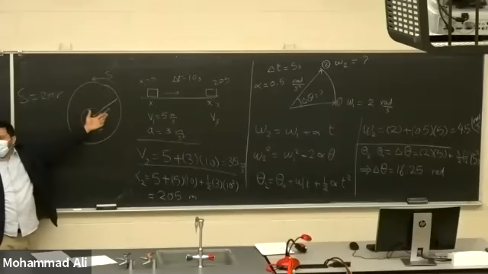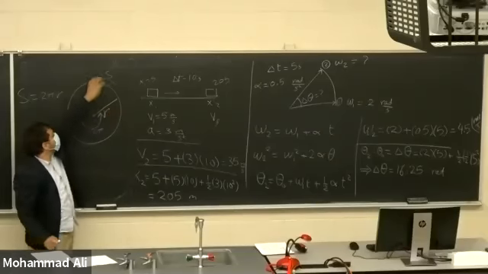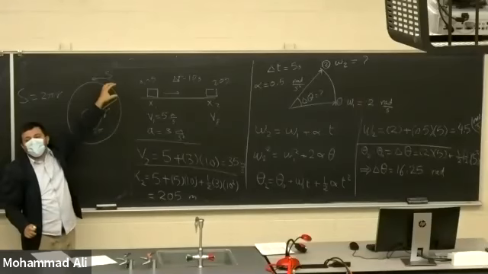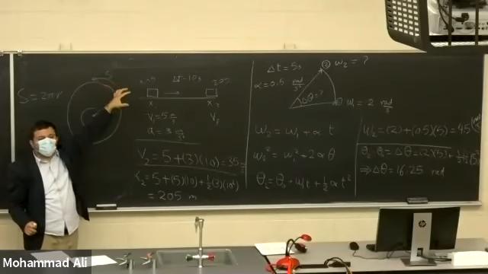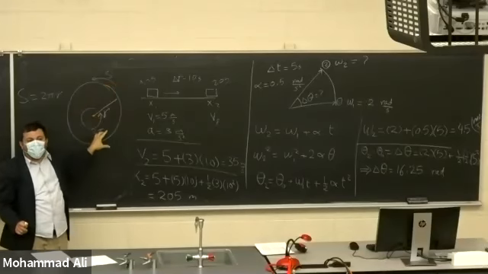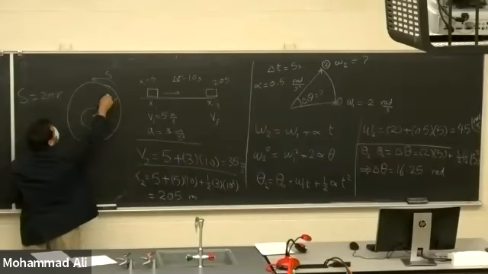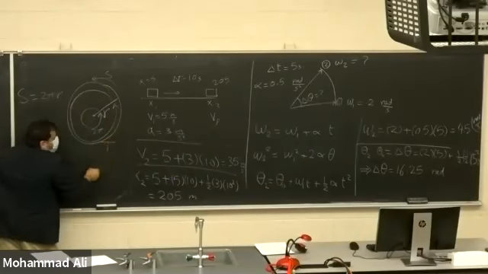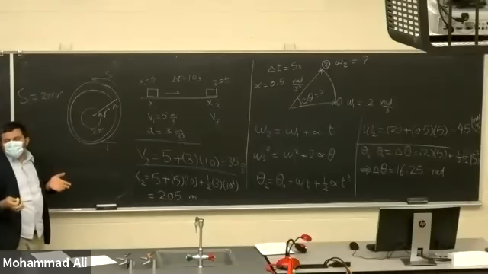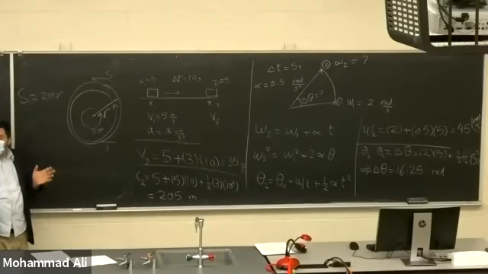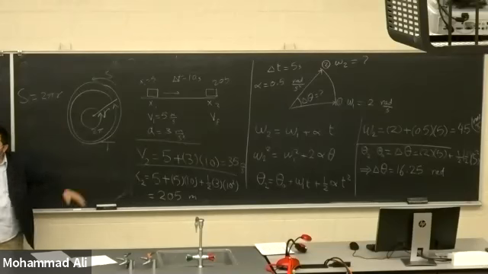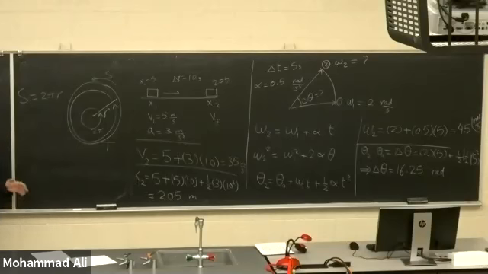If there is an object moving around this circle, it will spend a time. The total time to rotate all the circle is capital T, which is the time period. For example, the period for the Earth to go around the sun is a year. The period for the moon to go around the Earth is a month, and so on.